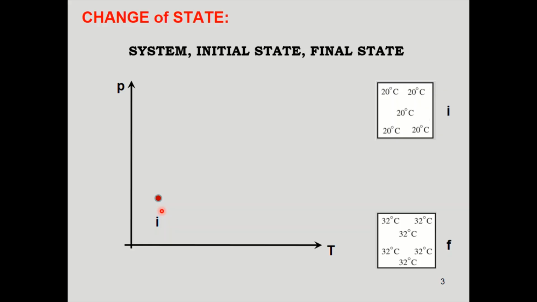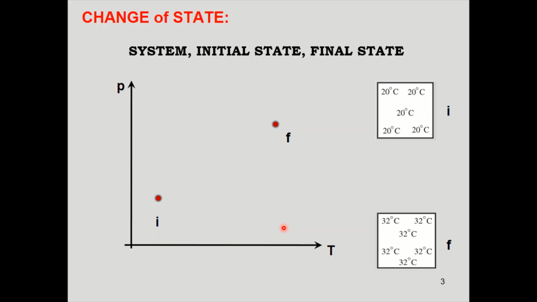How can we show the final point? Following the graduation over here, and following the graduation over the pressure axis as well, we can say the point is somewhere here. Say that is 4 and that is 32. So the initial point and final point are shown in the PT axes here. Fine.